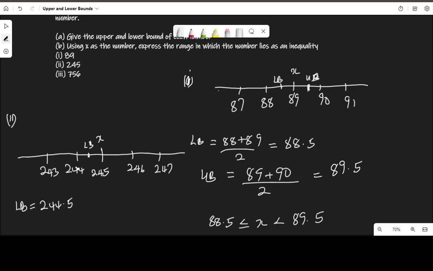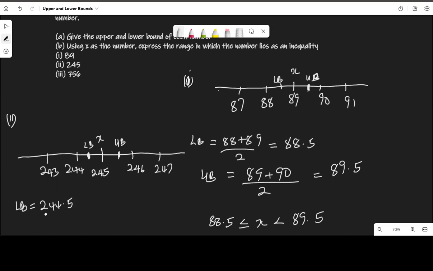That is this plus this divided by 2. If you are very good in calibration, you know that between 244 and 245 is 244.5. That is half of it. While the upper bound, UB, the number between 245 and 246, is 245.5. That is 245 and a half.